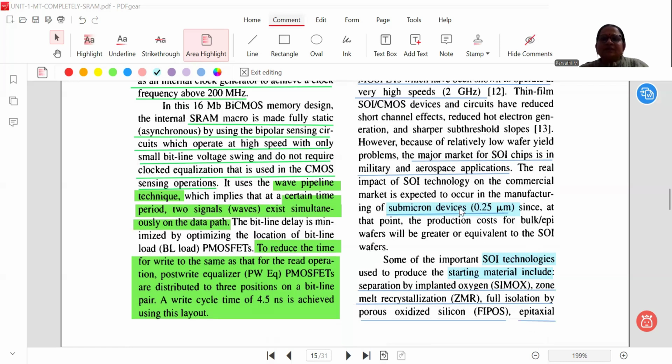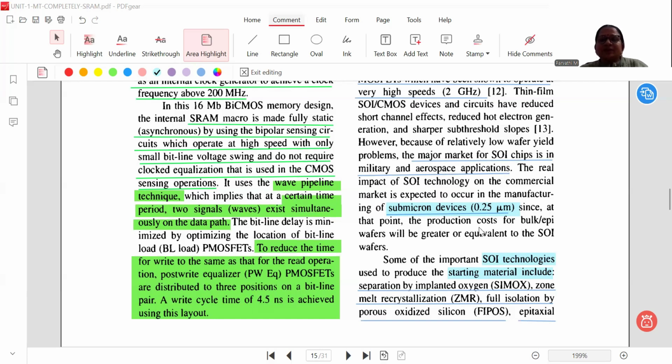The real impact of SOI technology on the commercial market is expected to occur in the manufacturing of submicron devices, at the 0.25 micrometer level. In the previous section we discussed 0.5, 0.55, 0.6 micrometer technology nodes. SOI can be reached up to technology nodes of 0.25 micrometer. That is essential, as the technology shrinks, more cells can be incorporated and density increases.